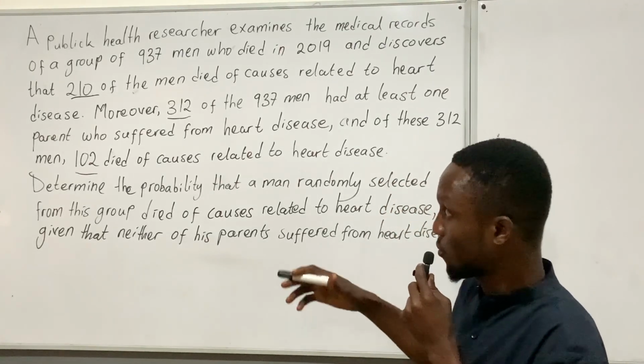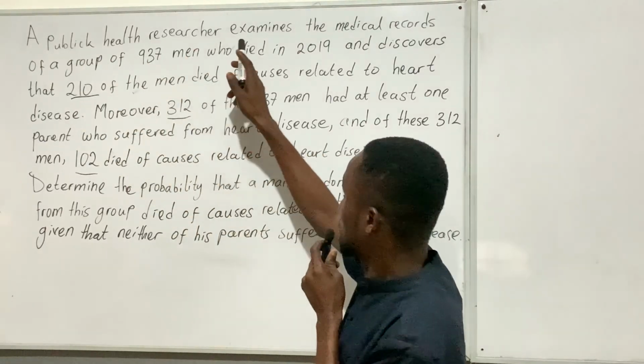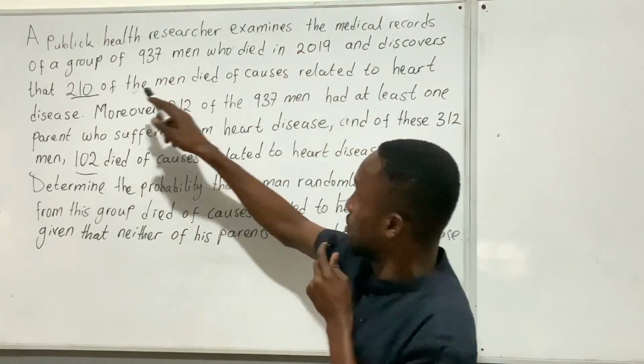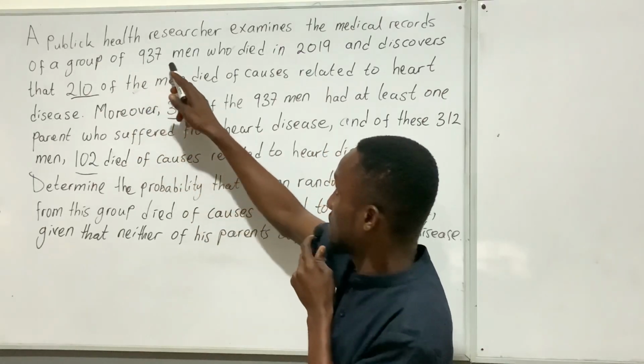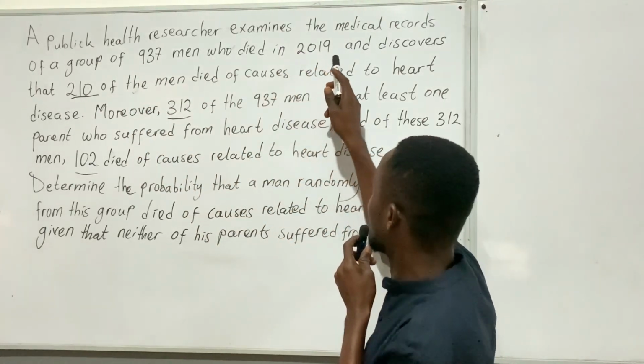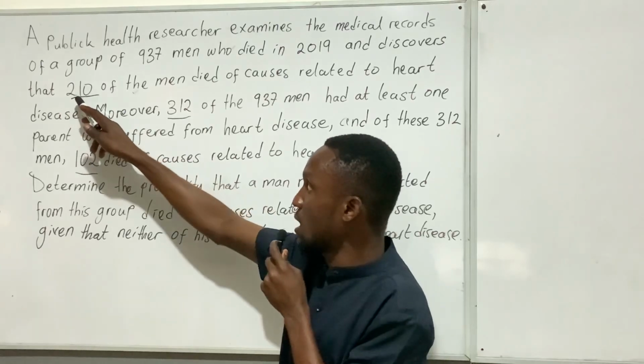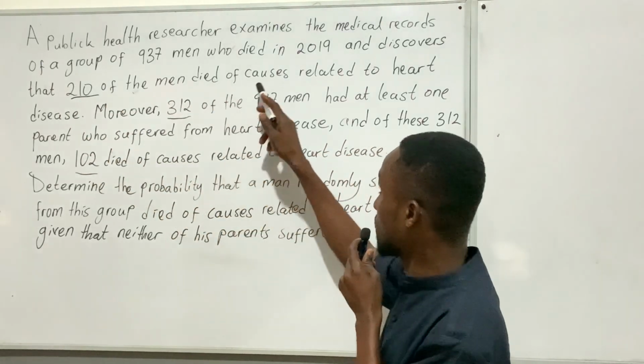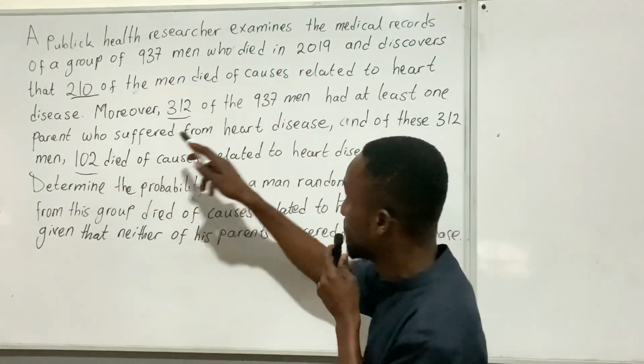So this question is simple. It says a public health researcher examined the medical records of a group of 937 men who died in 2019 and discovered that 210 of the men died of causes related to heart disease.